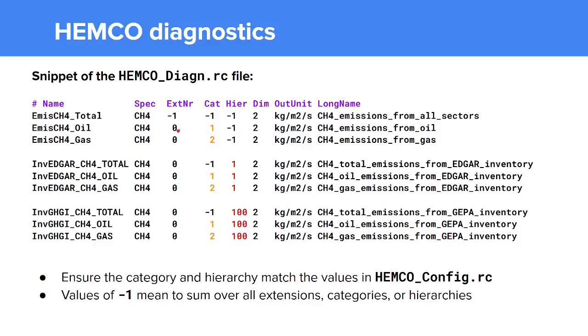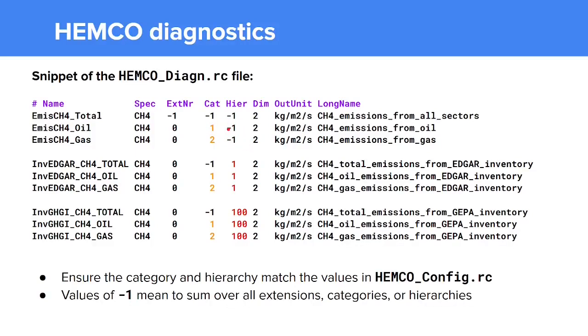Now, base emissions, in other words, if you're just reading it from a file, base emissions are 0. If it's a HEMCO extension, you will list the extension number. A -1 means to sum over everything. So in this case, for total emissions, you want to sum over all extensions, all categories, all hierarchies. In other words, if it's not total, you're going to list specifically what category and hierarchy. In this case here, for total emissions of this category, we want to take all hierarchies.